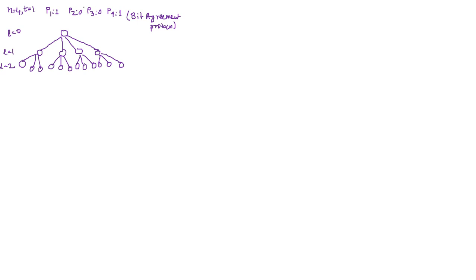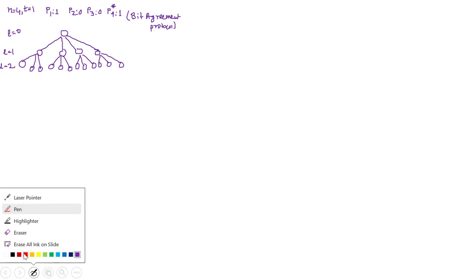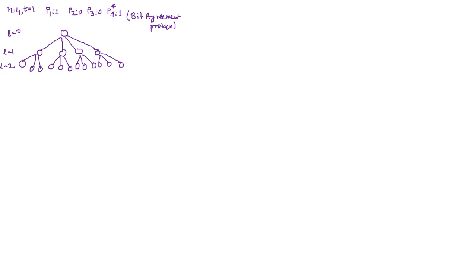Let's say P4 is the corrupted party. Let me keep a red color for the corrupted party to remember, and a corrupted party can behave arbitrarily.